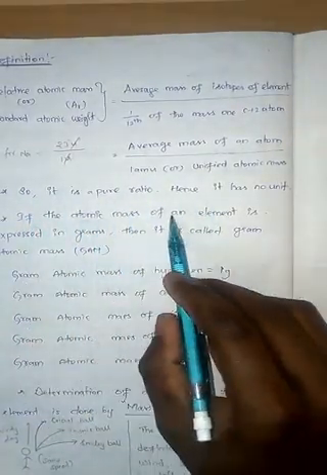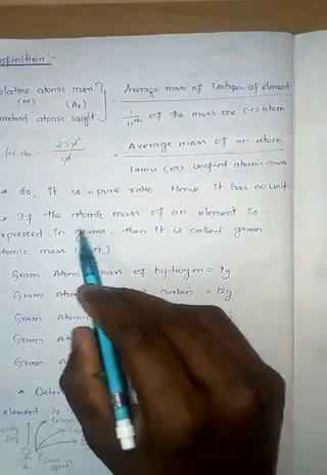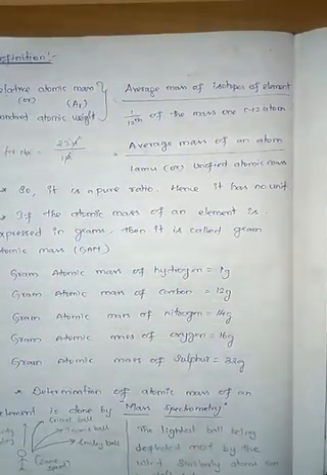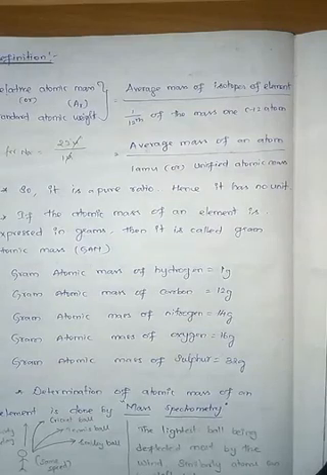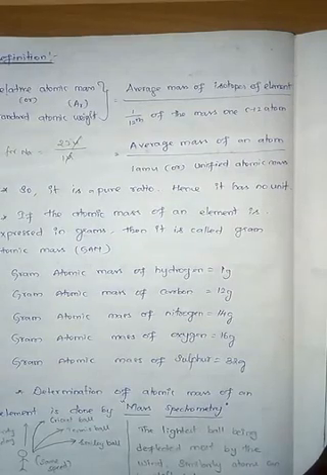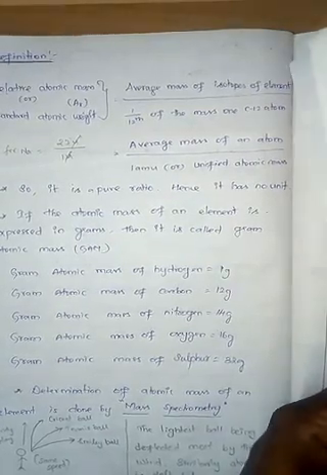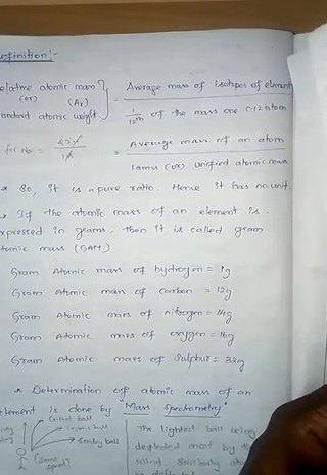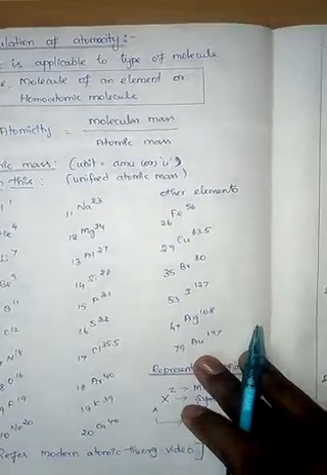If the atomic mass of an element is expressed in grams, I'm going to show you some of the other atomic masses so you'll be very familiar, and it is easy to understand. Look at this.